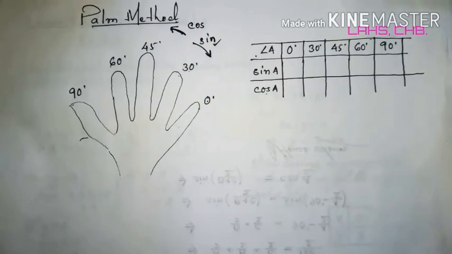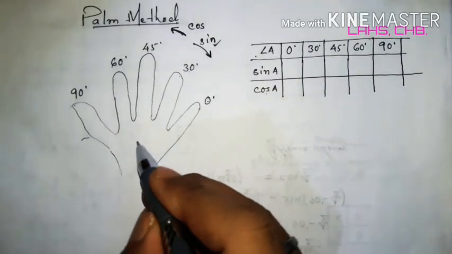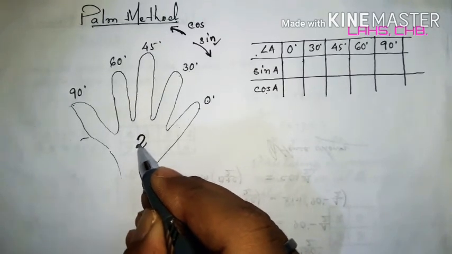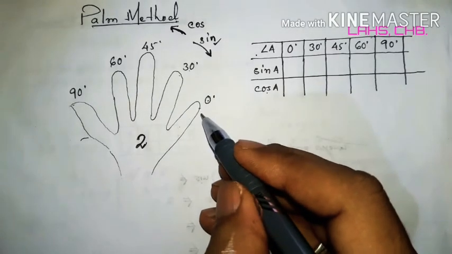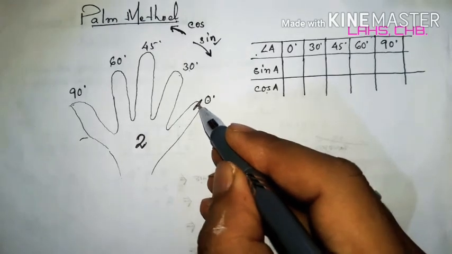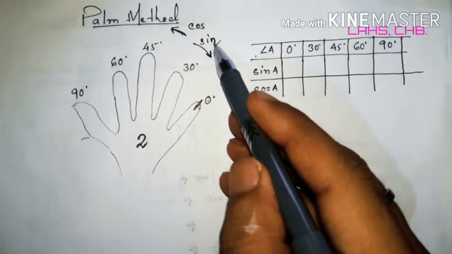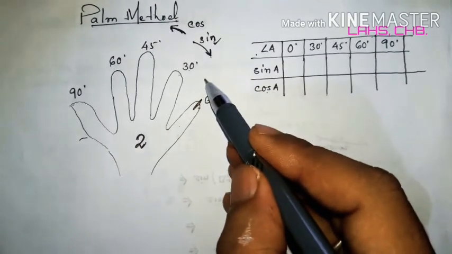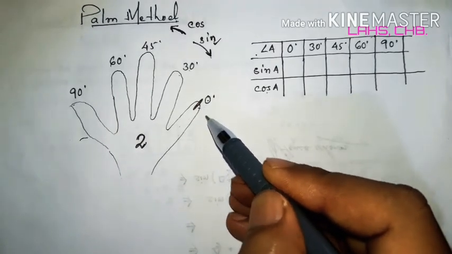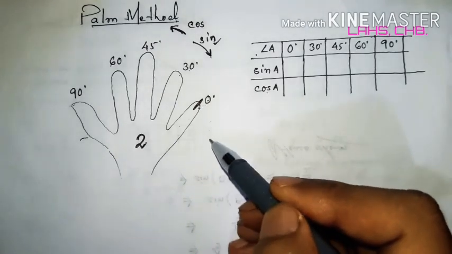Okay, let us start. What will be the value of sine 0 degree? Oh, one more thing. In the middle of my palm, I would like to write number 2. This is 2. Then see, what will be the value of sine 0 degree? Where is 0? 0 is here. While calculating the different values of the sine ratio, you will have to observe the fingers in this way, clockwise direction. So 0 degree is here, and next to this finger in this direction, no finger is here, isn't it?